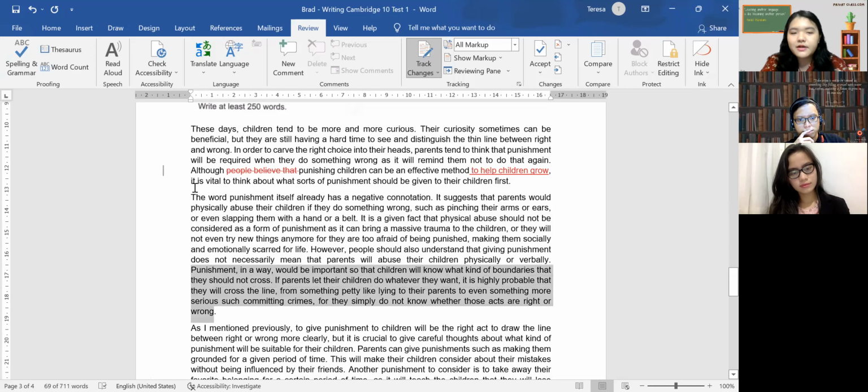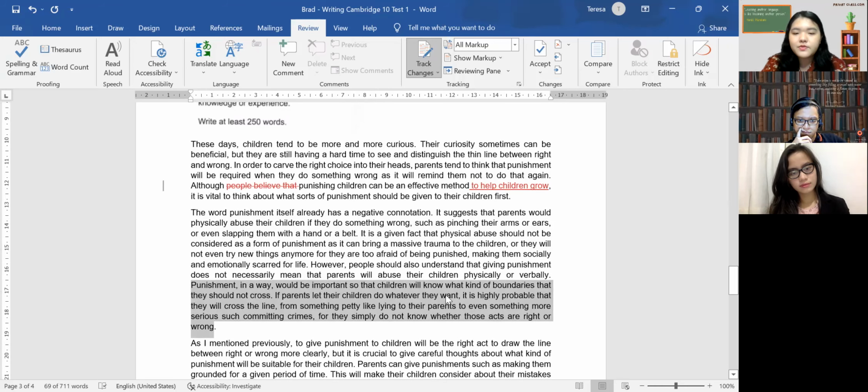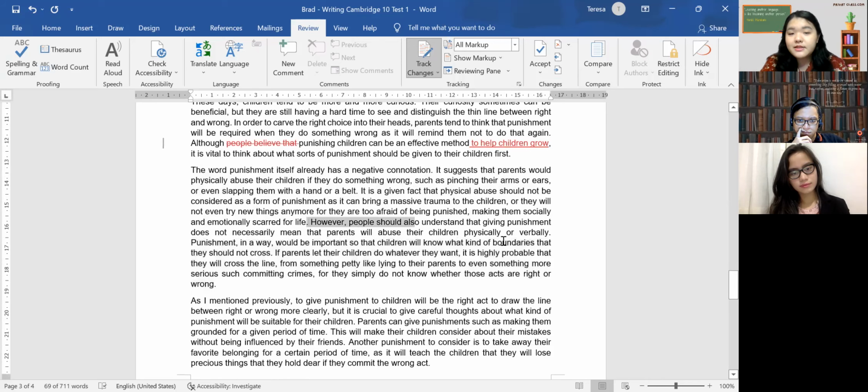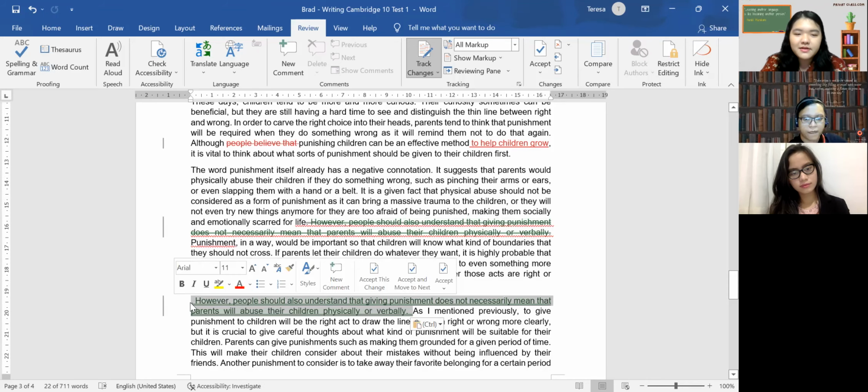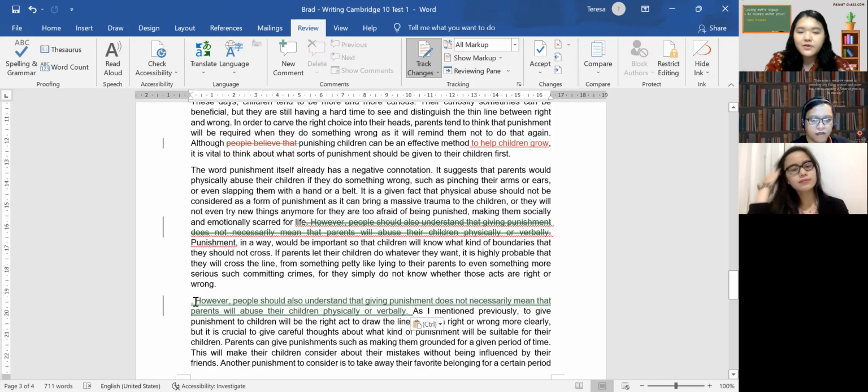Maybe you should have put that here, in front, but then you say, however, people should also understand that giving punishment does not necessarily mean that parents will abuse their children physically or verbally. You can put this actually. Yeah, I understand. So it also becomes a connector to the next paragraph.